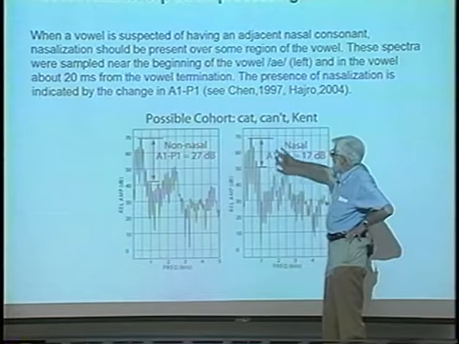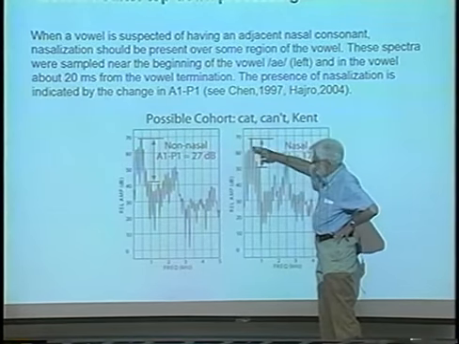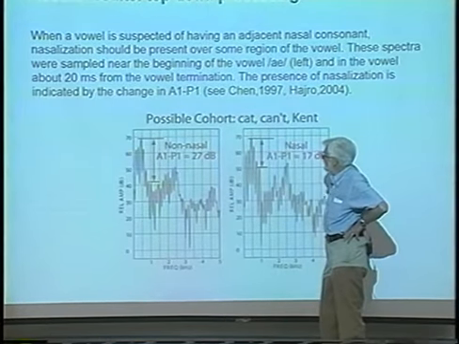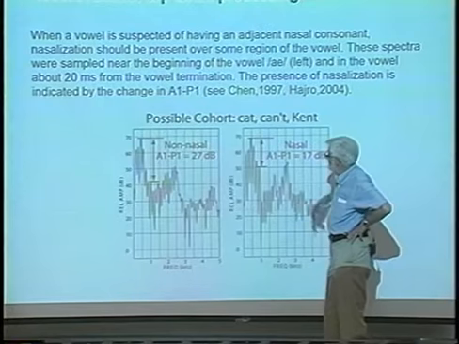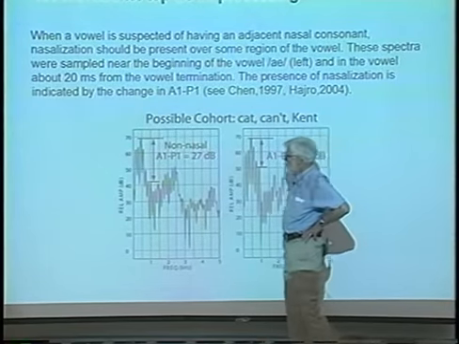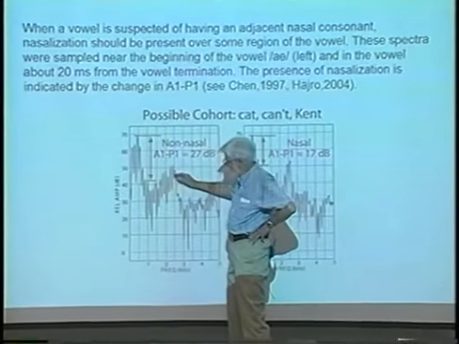And so given this set of cohorts, say these two cohorts, what that would trigger you to do would be to look for nasality in the vowel, okay? If you look for nasality near the beginning of the vowel, you would see a spectrum that looks like this.